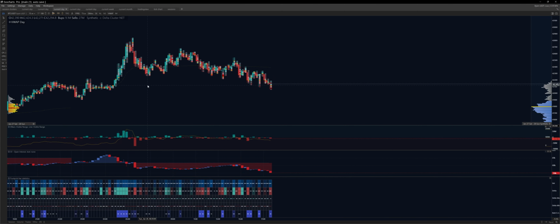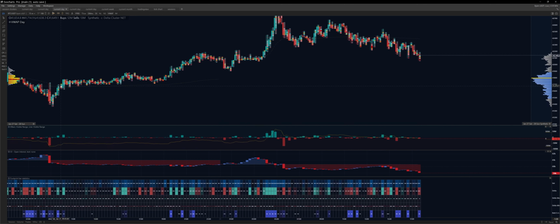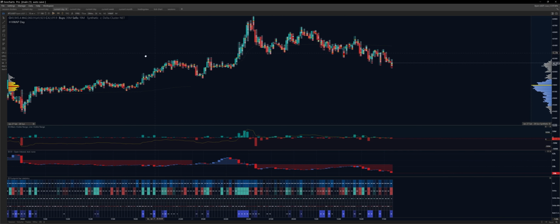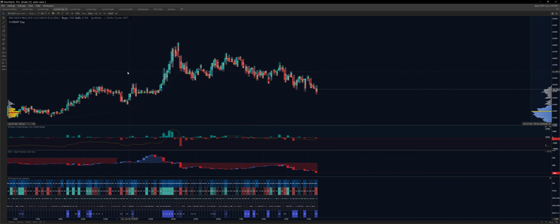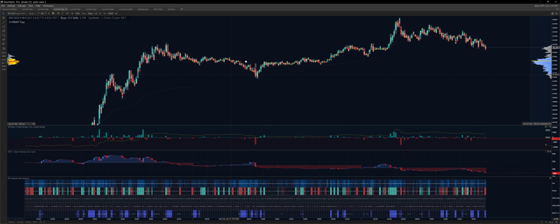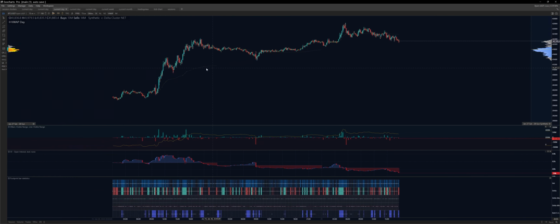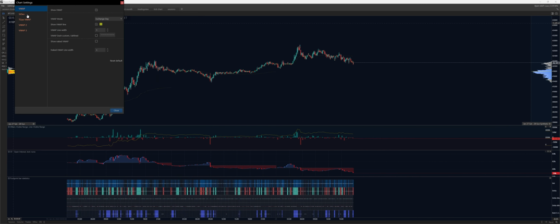Also here, VWAP, of course, volume weighted average price. This is for each day, so each day there is a new one. We have a look back of 3 days, so these are 3 days, each with a daily VWAP. In the VWAP, we can also show naked VWAPs, which is pretty nice.